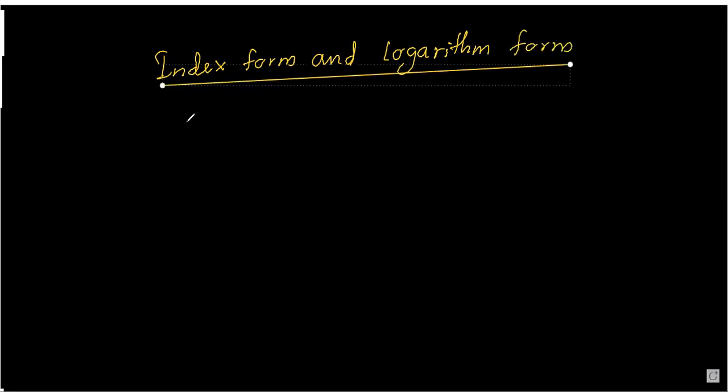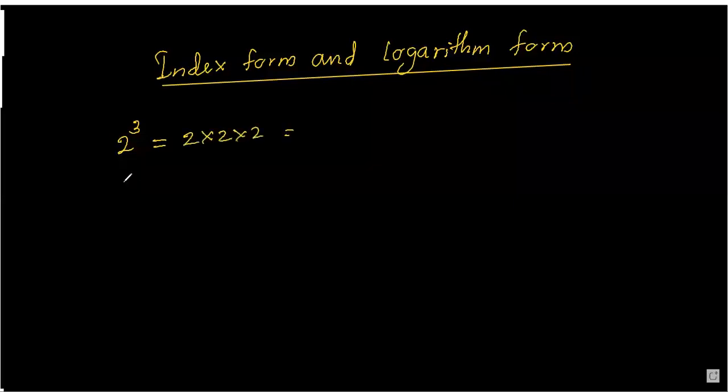Then index form we are writing like this. When we are writing a number 2 to the power 3, we can write it as 8. That is 8. So we can write 2 to the power 3 equals 8. Even when we are writing this as logarithm form, how can we write? This is the base. Base is 2.